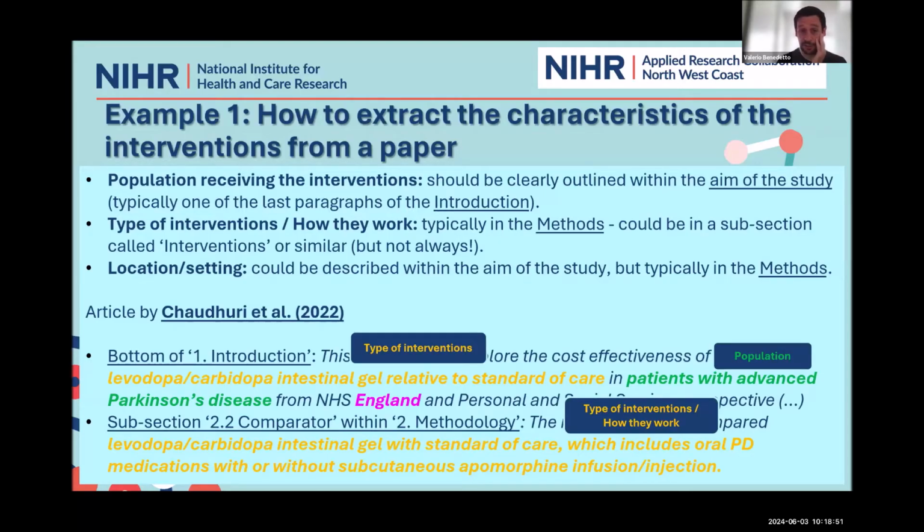Highlighted in orange here, you can see the characteristics of the intervention. So we had this particular gel, which was compared to standard of care. And then in this other section, within the methodological section, you can also find some information about standard of care. So that's the kind of information we were looking for. And location, of course, is highlighted here in pink, which was England.